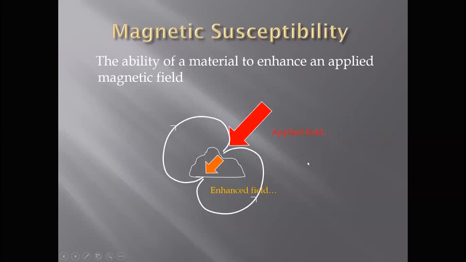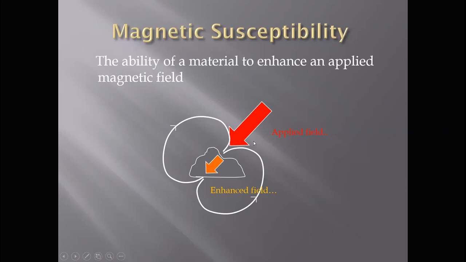So just to brush up on magnetic susceptibility, this is the ability of any material to enhance an applied magnetic field. So in our case, we have a magnetite grain, and within magnetite grains in any rock, there are domains. They're either small or they're large. And what happens is we apply the Earth's external field, this applied field, and that magnetic domain either enhances it or subtracts from it or does something to it.